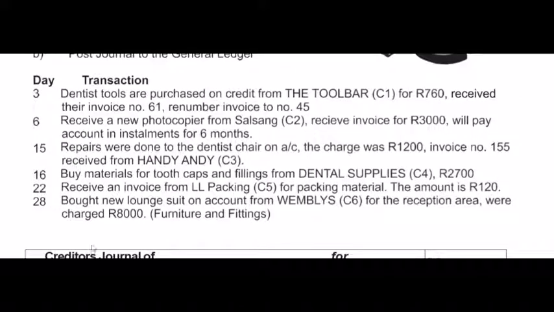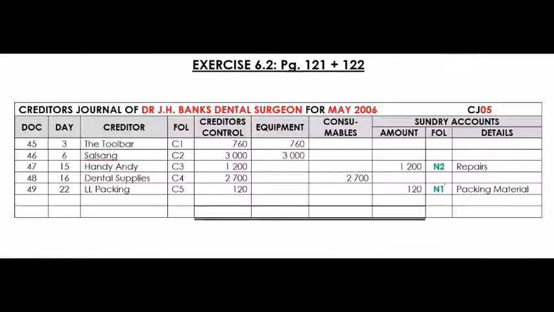Then we're almost done. On the 28th, we bought a new lounge set on account from Wembley's. On account means that it is a CJ transaction. Creditor number 6, for the reception area. We were charged 8,000 Rand. And they tell you it goes to furniture and fittings.